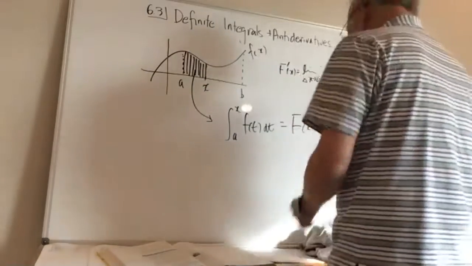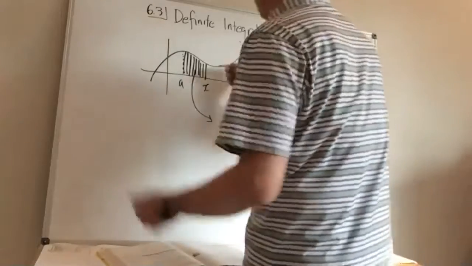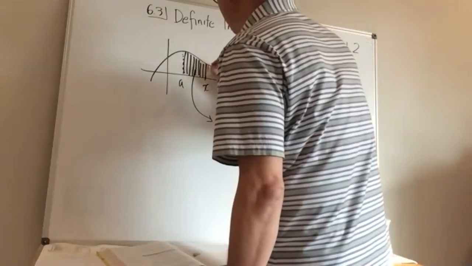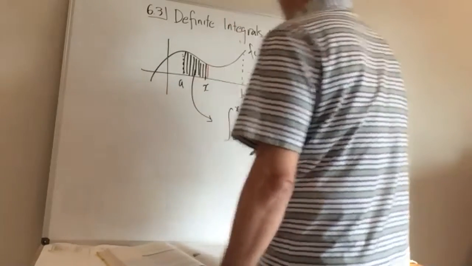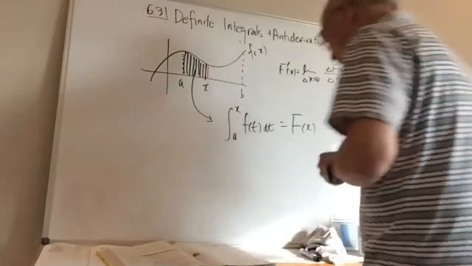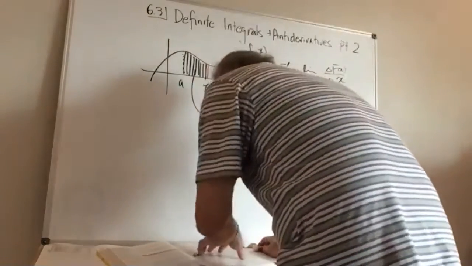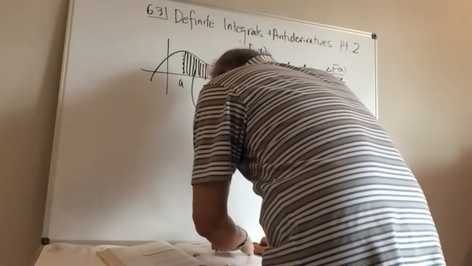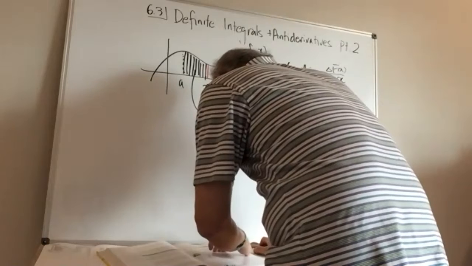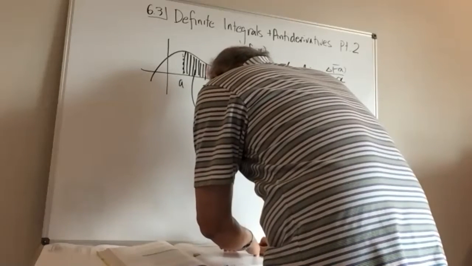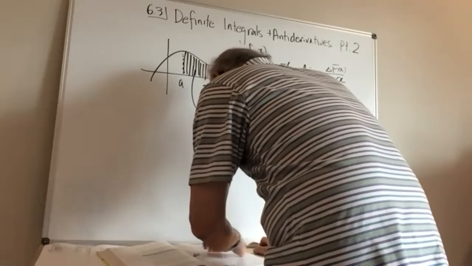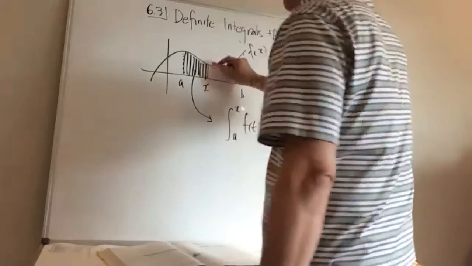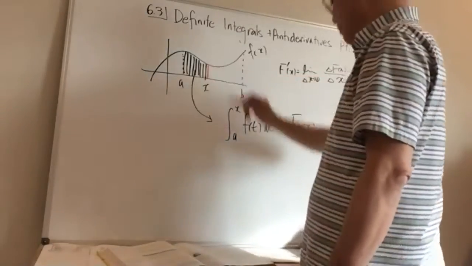So we're going to put one more here, right here, okay? We're going to draw one more, draw that too. Delta f is the signed area of your vertical segment. So it's this guy right here, this red line here, okay?